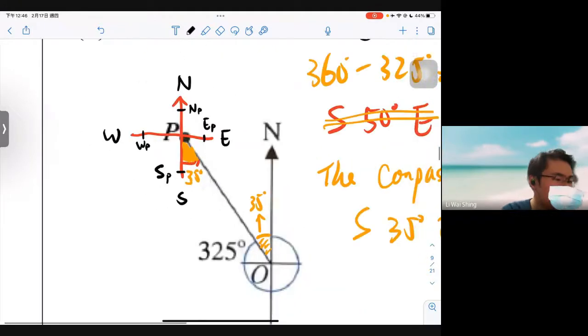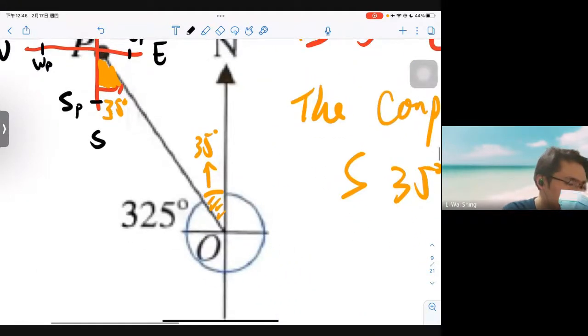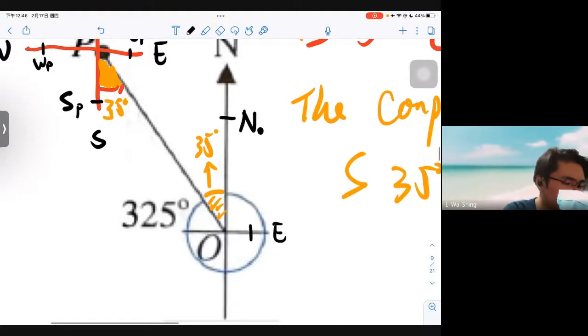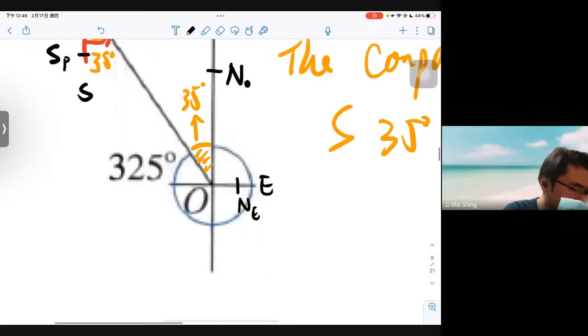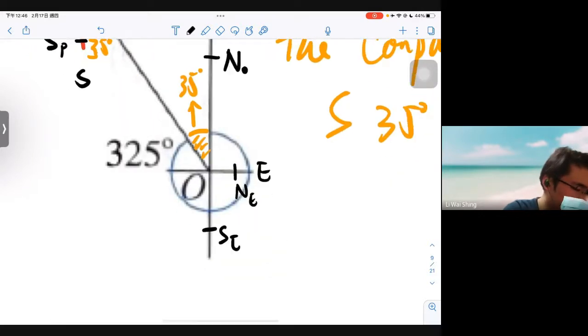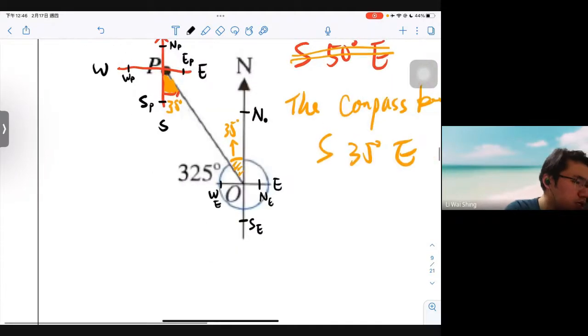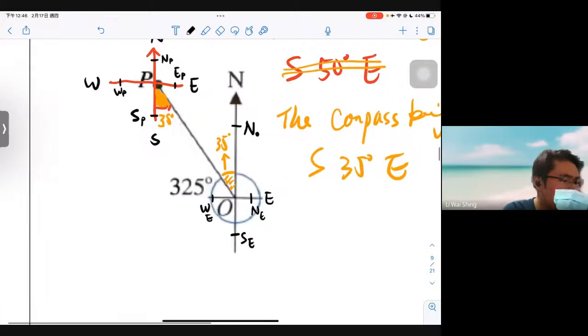Okay? And also here, the north position of O, I will say NO, a small letter o, that is east, EO, that is south, SO, and this is west, WO. Then when you are talking about the angles, it will be much easier.